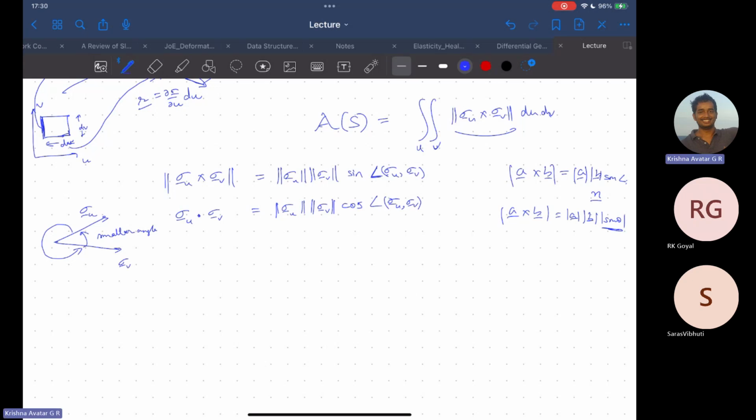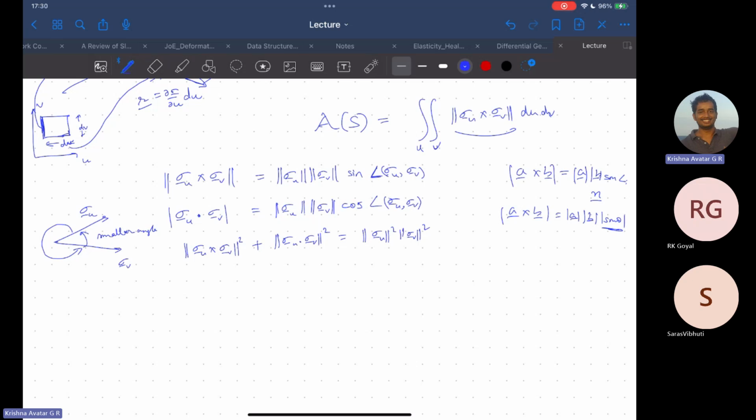So with this, you just take the magnitude of this such that this also will be a magnitude, right? So with this, what we know is that we can always define this vector relation: the norm of σu cross σv squared plus σu dot σv squared is equal to the norm of σu squared, norm of σv squared, and then you have sine squared plus cosine squared, so it evaluates to 1, right?